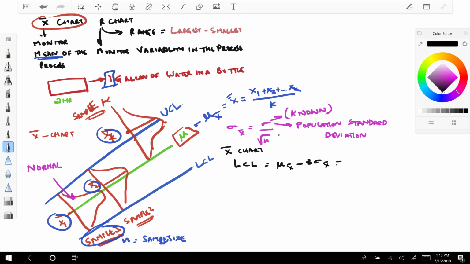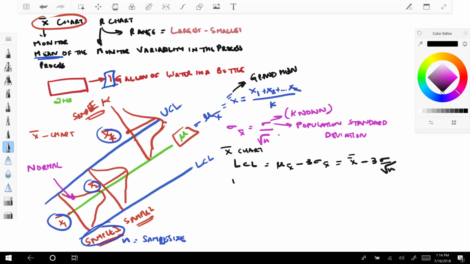That can be written as x double bar, which is the grand mean, plus or minus. Since we are doing the lower control limit, we just have minus. So this is minus 3 sigma by root n.